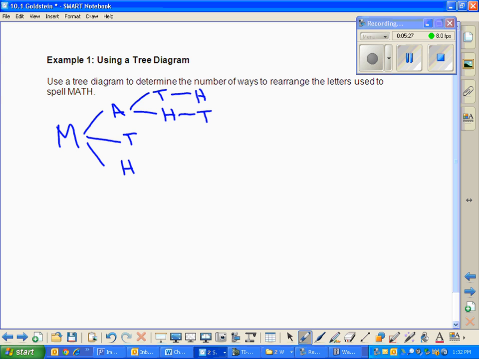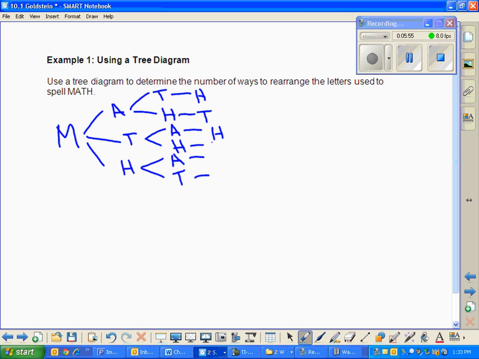We're creating all these different scenarios to count them up to see how many different ways we could rearrange the letters. So if we picked M and then T, we could pick A next, or we could pick H next. If we picked M and then we picked H, we could pick A, or we could pick T. And then the last letters would be just the only thing that you didn't pick yet, right?